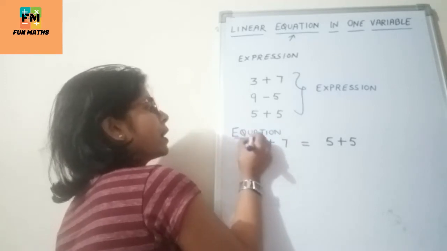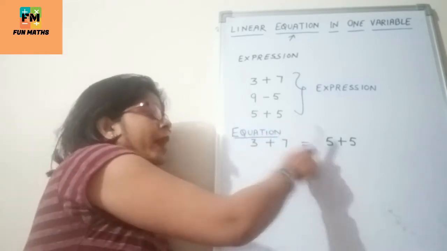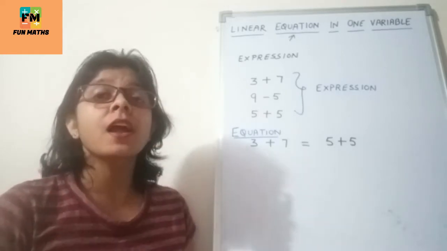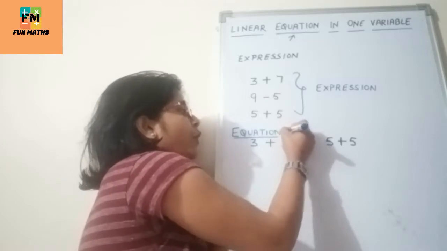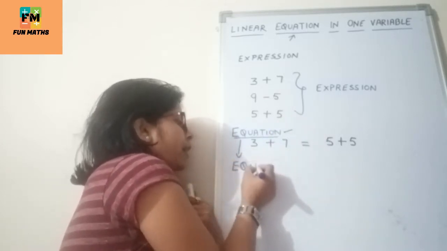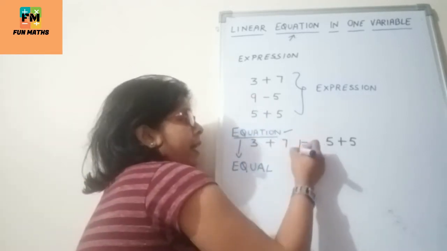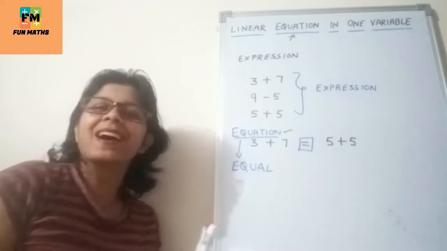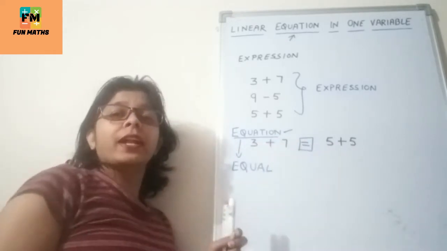Simply, we can say when we equate two expressions, it frames an equation. Or in a simple language, from equation we can derive one word, equal. So you can say a statement containing the equal sign is known as an equation. If you can see the equal sign over there, yes, it is called an equation.